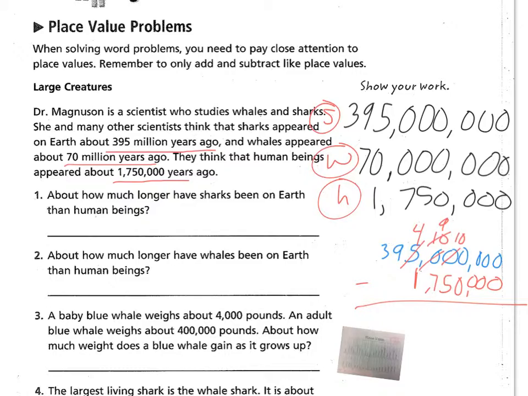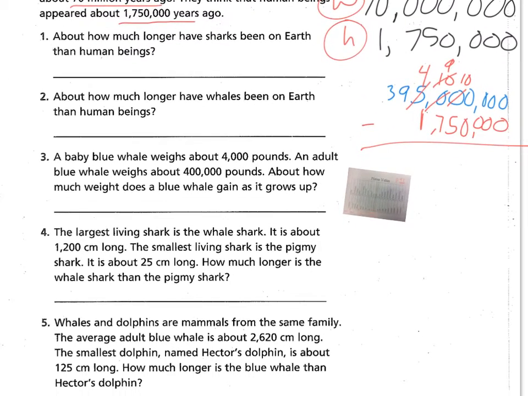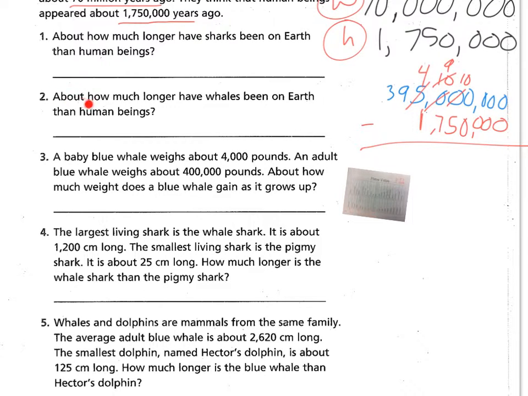If you look through these problems, I'm just going to go through very quickly. I'm not going to set up any more for you. If you look through these problems, about how much longer, they're comparing again, so I'm going to be doing subtraction. And down here, about how much weight does a blue whale gain? So again, that's going to be subtraction. Down here, about how much longer?